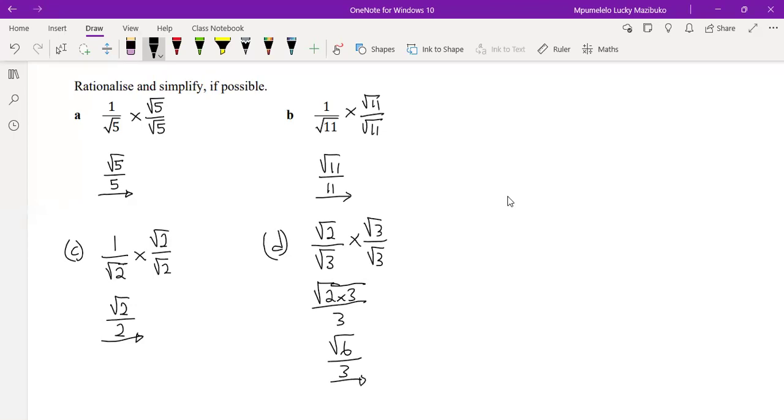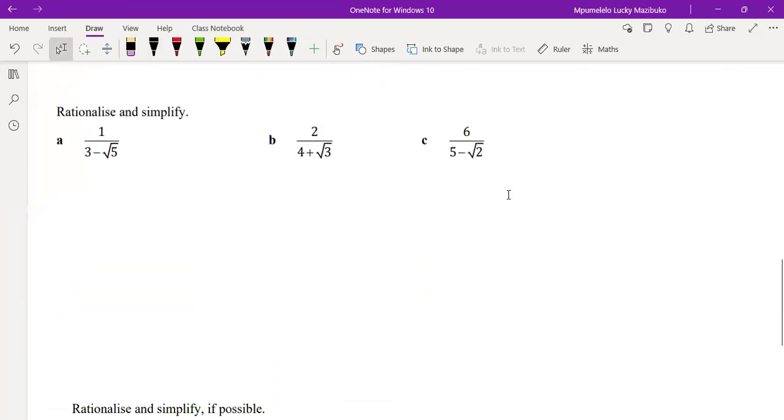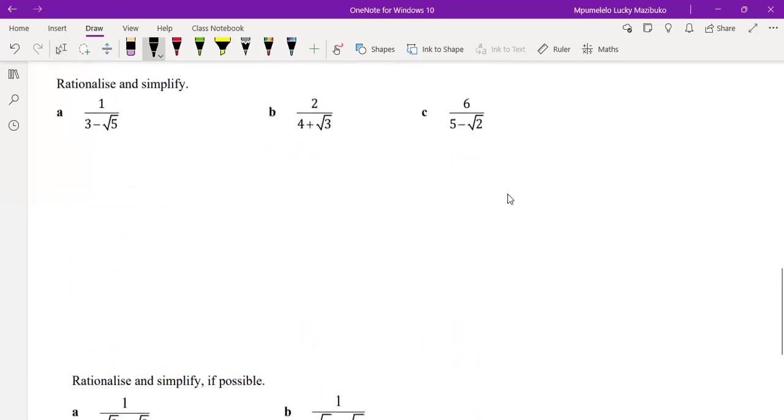So that is when you just rationalize with one term in your denominator. Let's see what happens if you're rationalizing with 2 terms in your denominator. Okay, so let's start with this. We realize we want to make the denominator rationalized.